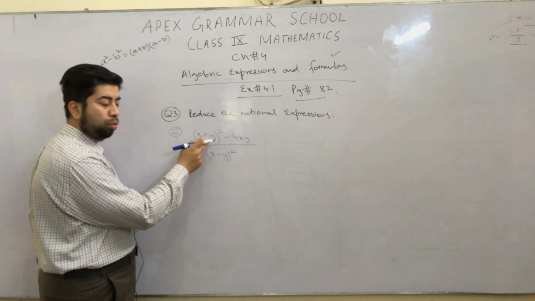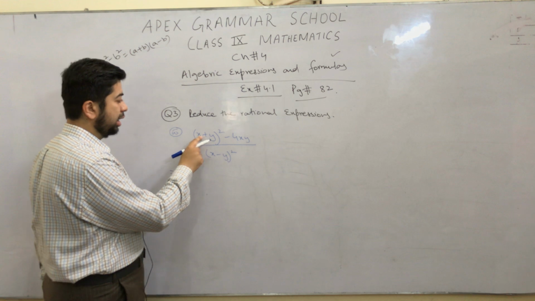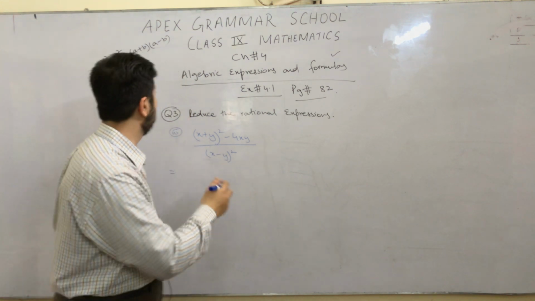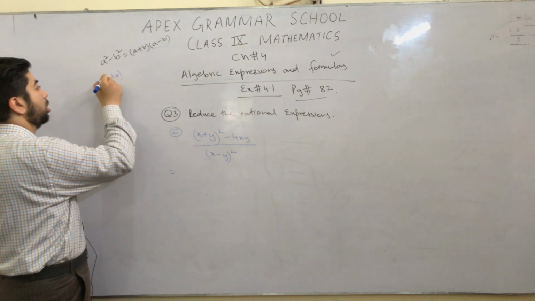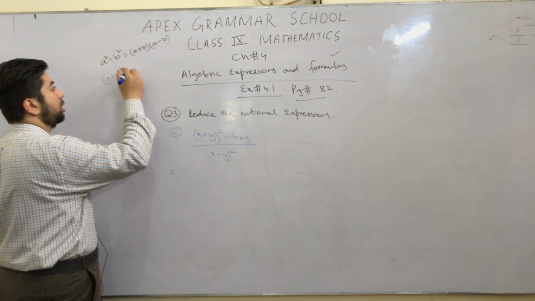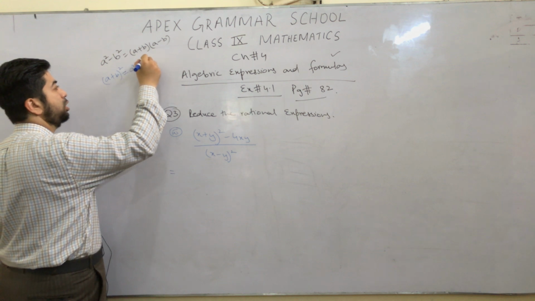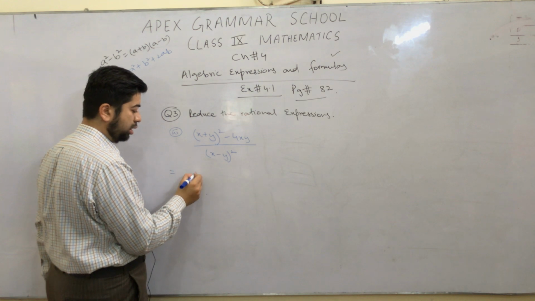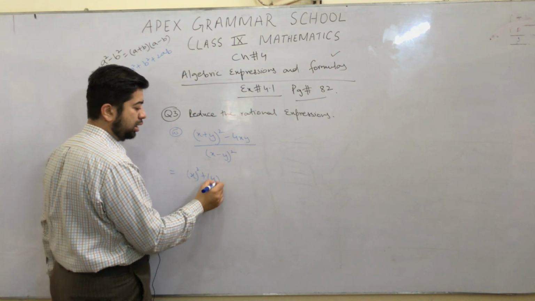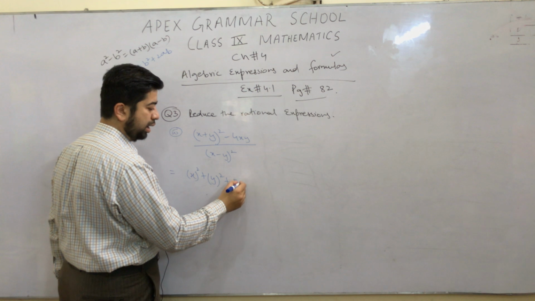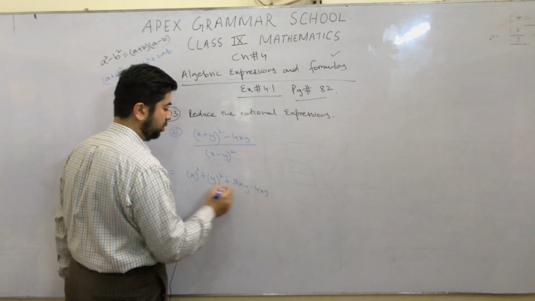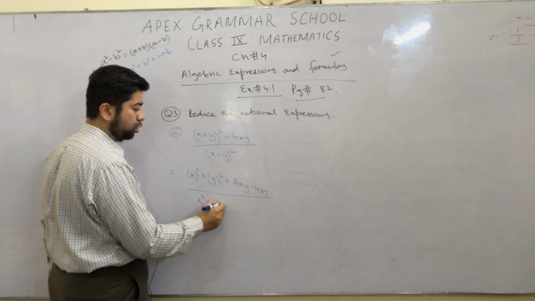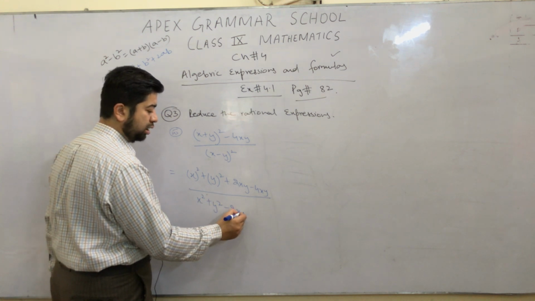You have to open this formula, x plus y whole square, that is quite similar to a plus b whole square, this one. That is a square plus b square plus 2ab. Just open it now, x square plus y square plus 2xy minus 4xy. Also that x square plus y square minus 2xy.